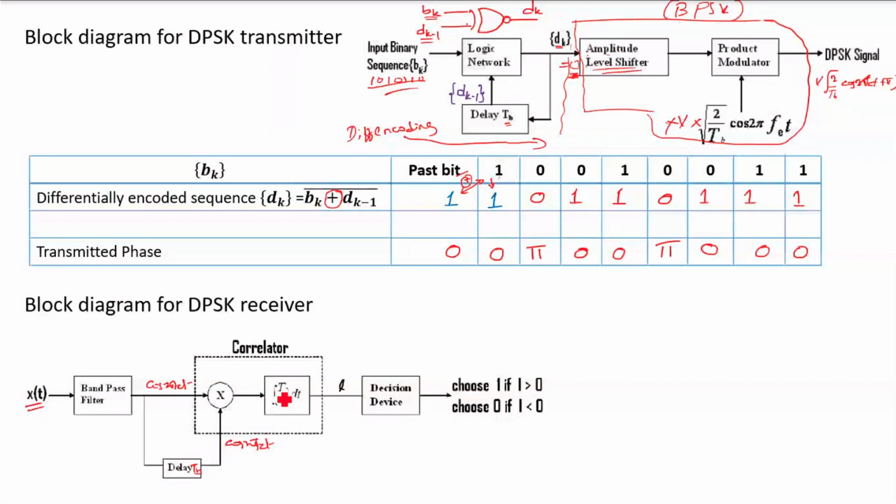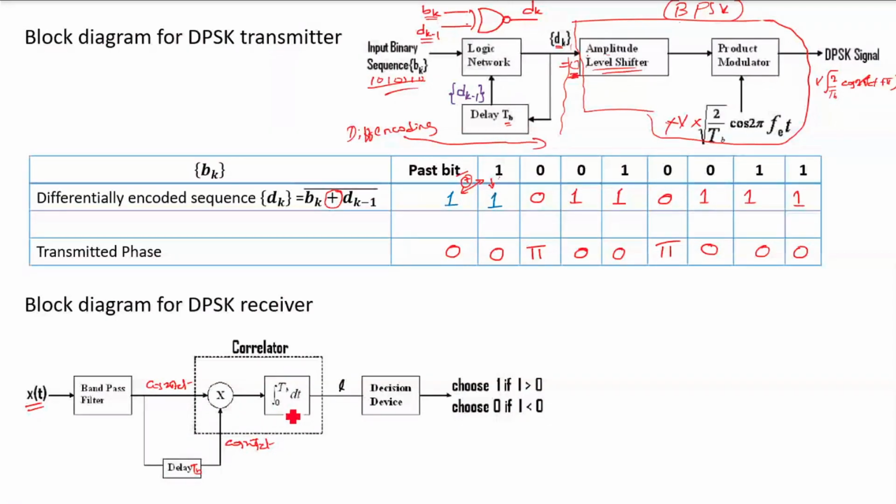We are not using a matched filter here because indirectly we are generating a carrier here. So they are multiplied and passed through an integrator. It is nothing but a correlator.